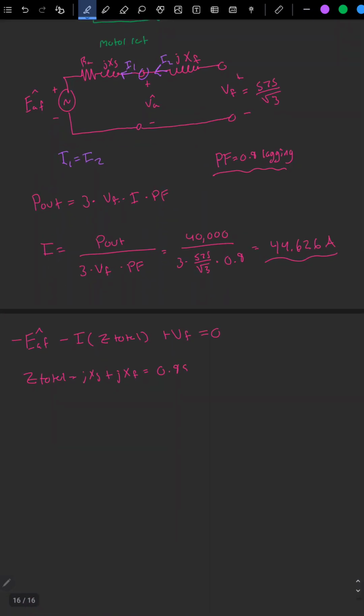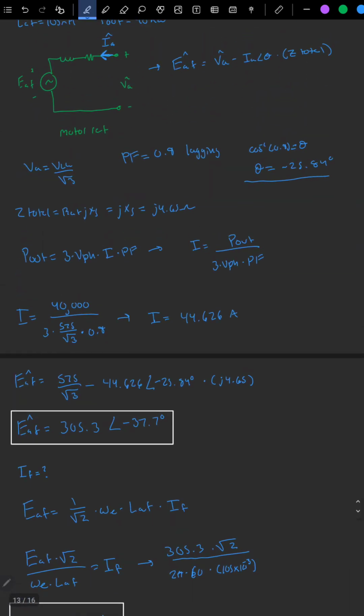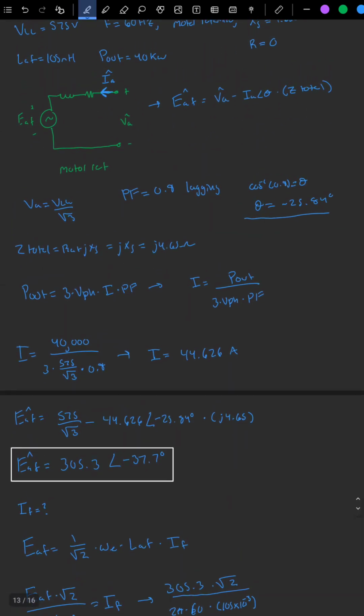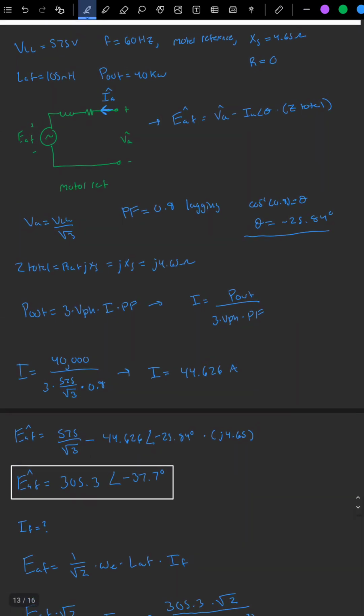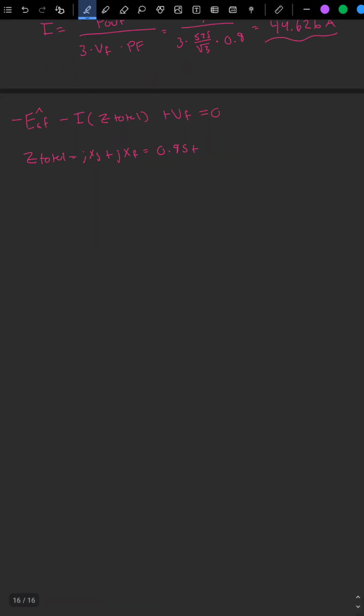0.95 plus what was it? 4.95. 4.65. So Z total is going to equal J 5.6.